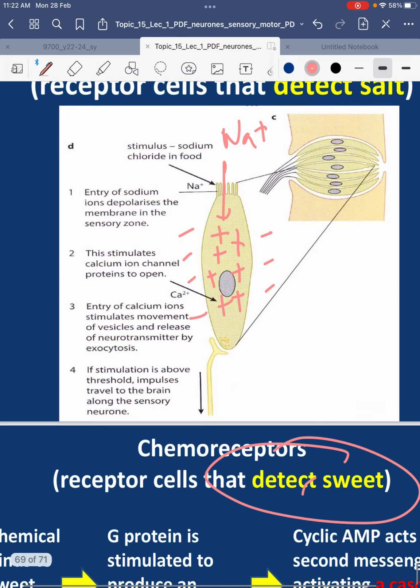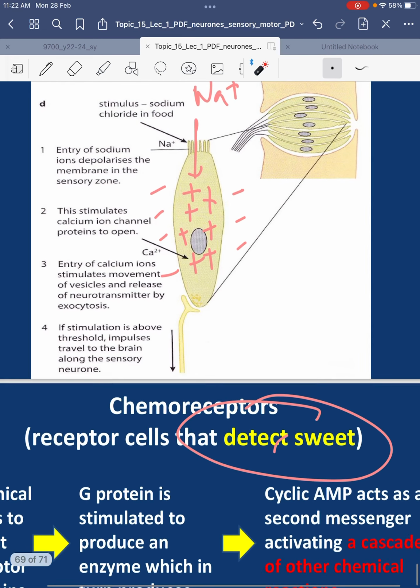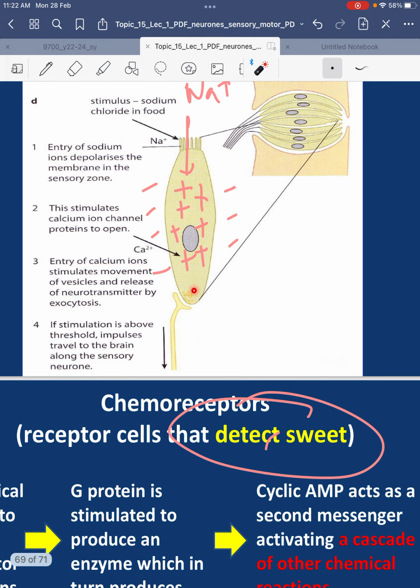So it depolarizes this membrane here, and the electrical impulse will move down. The arrival of the nerve impulse in this region will cause calcium to enter, and when calcium enters, it will cause vesicles to release a neurotransmitter by exocytosis.